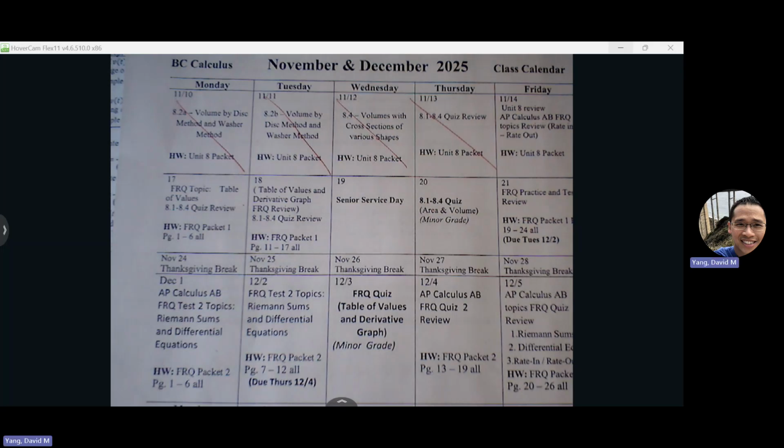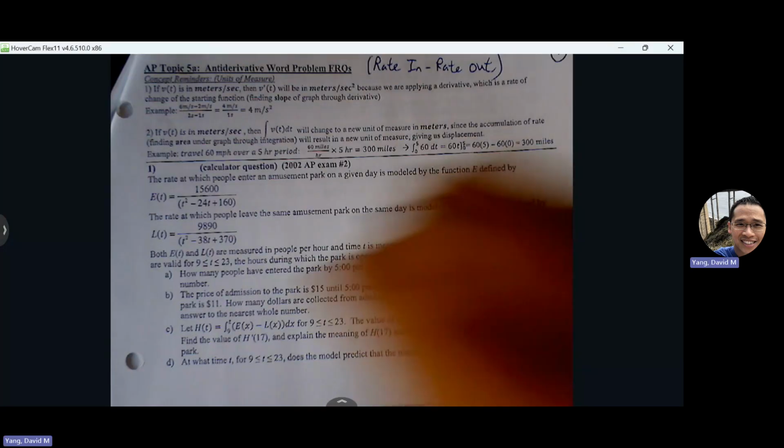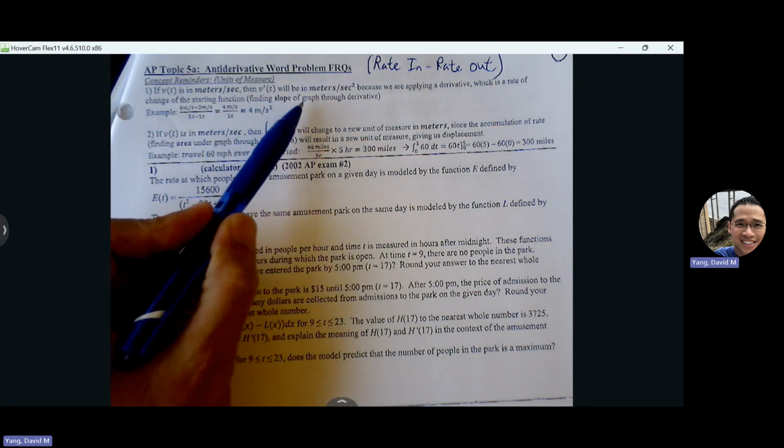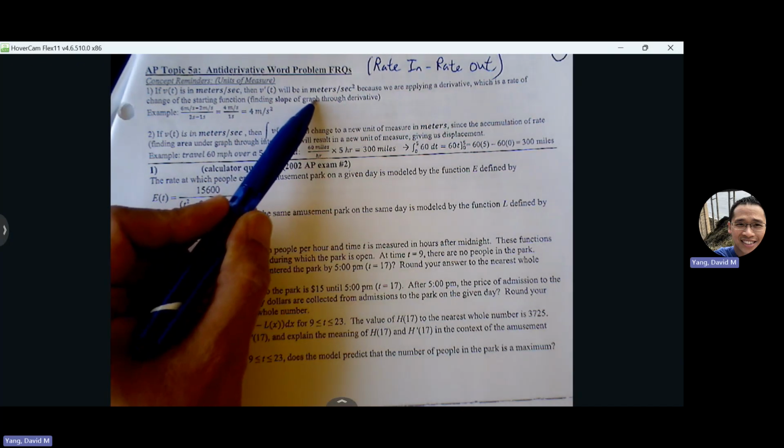I think we talked about this, how anytime you're involving a derivative, your units are going to change. You're going to be including a rate. You're just going to keep on adding a rate. So if it's meters, then the derivative will be meters per second. If it's another derivative, meters per second squared.